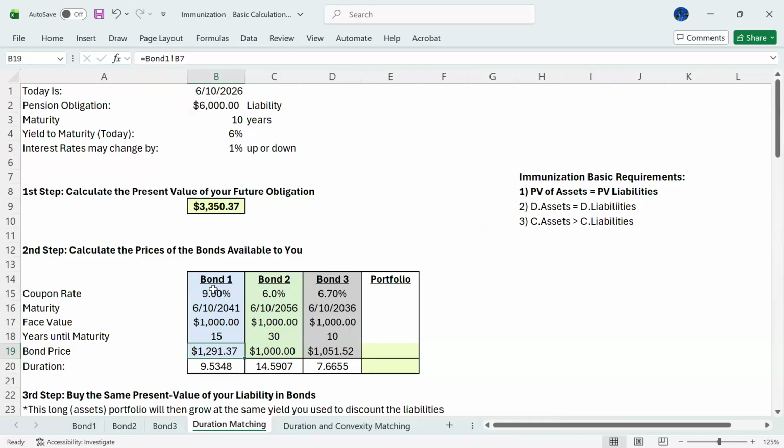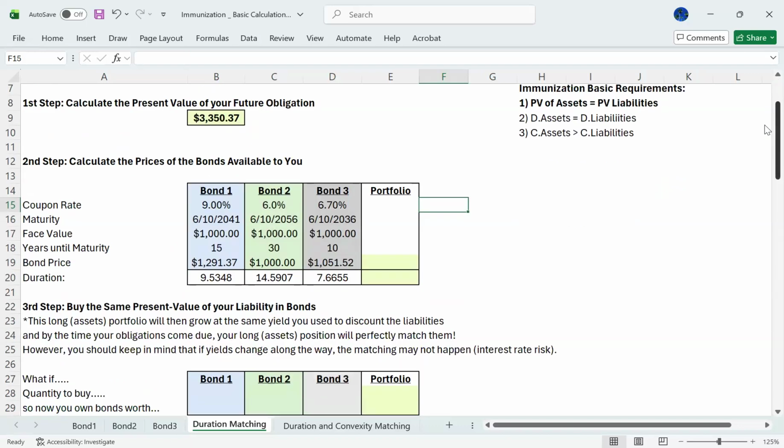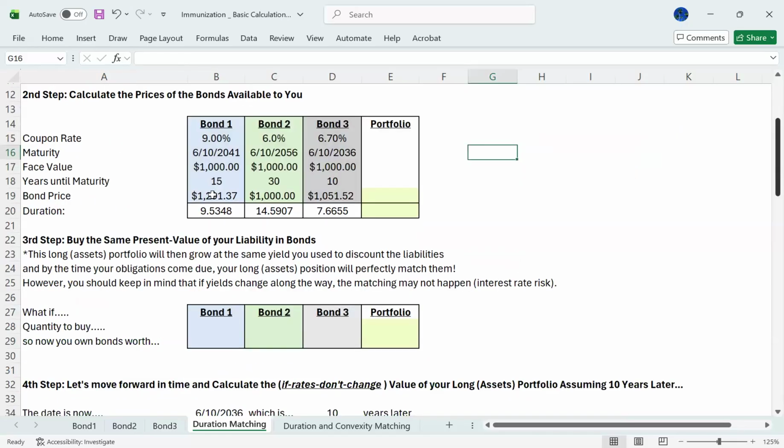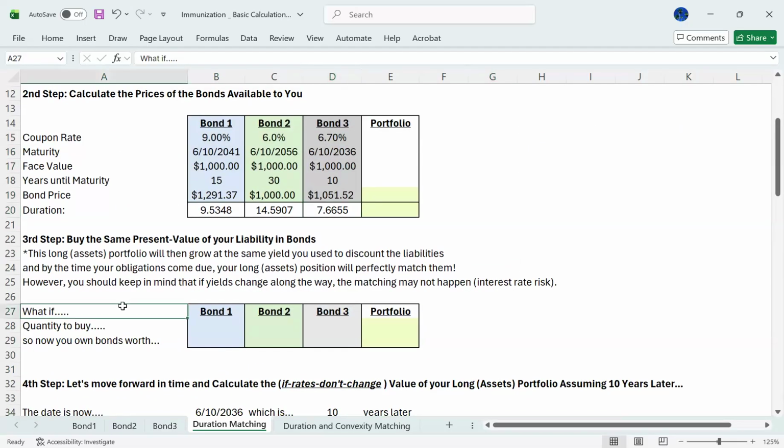But for now, I just use these outputs or values in our immunization problem. That's what we want to focus on now. So we have these prices which are coming from these sheets.